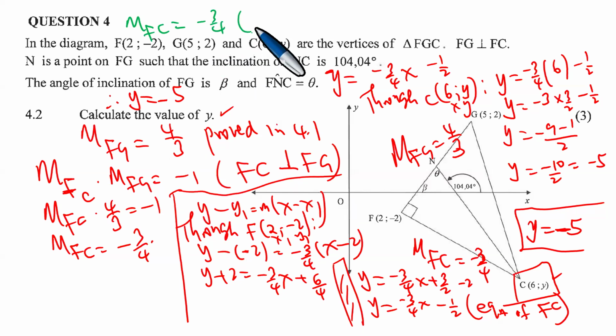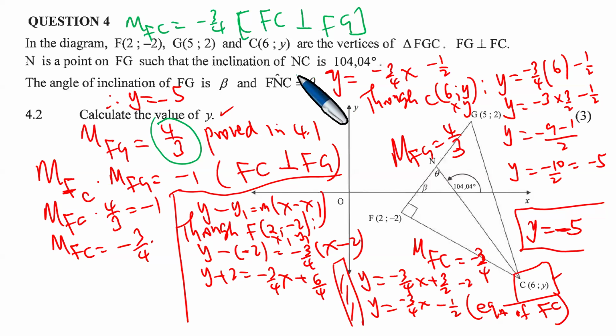The reason is that we already know the gradient of FG is 4/3. A perpendicular line segment would have the negative reciprocal of the gradient. Why the negative reciprocal? Because FC is perpendicular to FG.